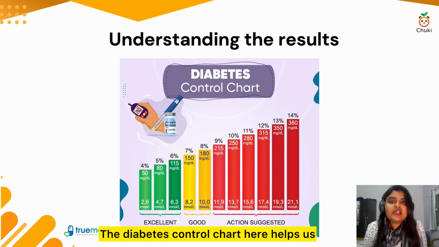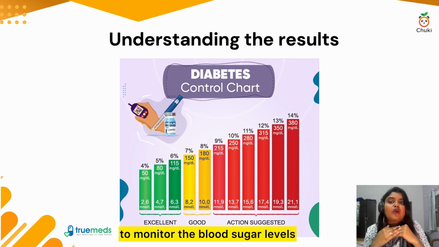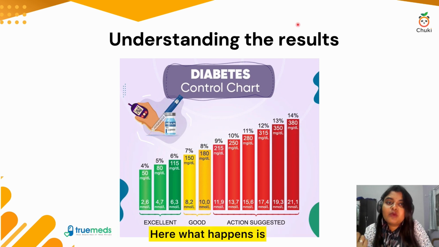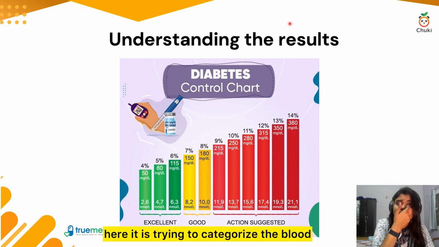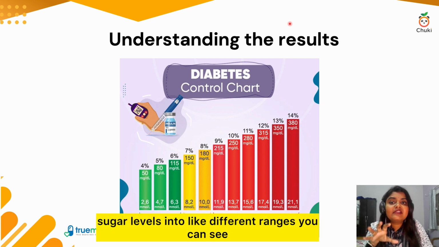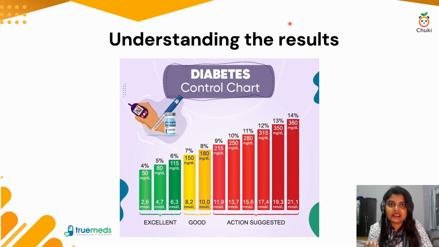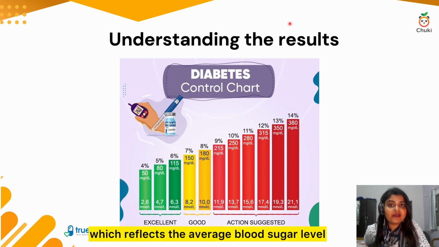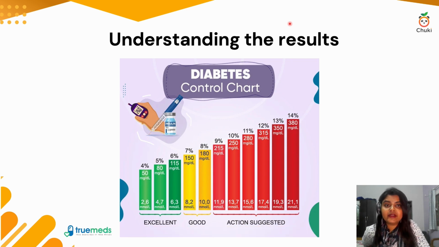The diabetes control chart here helps us to monitor the blood sugar levels and understand diabetes management. Here it is trying to categorize the blood sugar levels into different ranges, based on the HbA1c percentage, which reflects the average blood sugar level, which we have already seen in our previous slides.